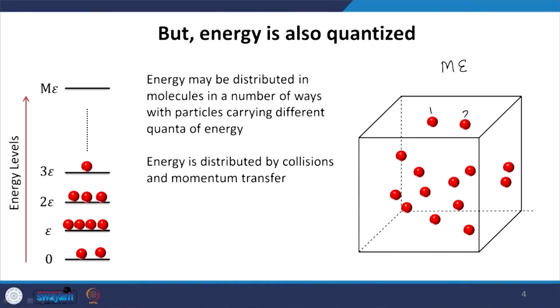So, I can give all the m to one molecule, I can distribute them equally, I can distribute it like 1 to this molecule, 2 to this molecule, 3 to this molecule, 1 again to this molecule and so on, and I can have many possible distributions.